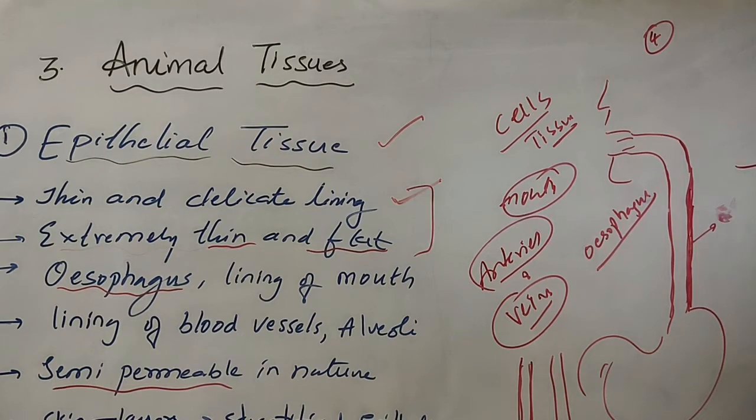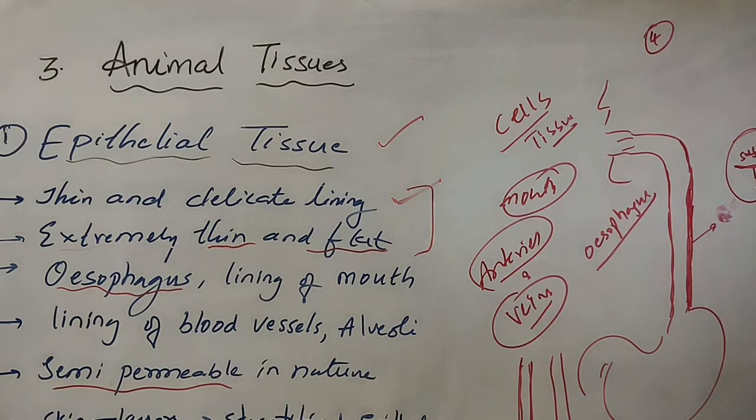If there is a layer of cells, and you pour some water on that, and the water is able to move out, and if you also pour some sugar in it, sugar will not come out, but only water will come out. That means this particular layer is allowing only the water to come out, but it is not allowing the sugar to come out. So this particular thing is called the semi-permeable membrane.